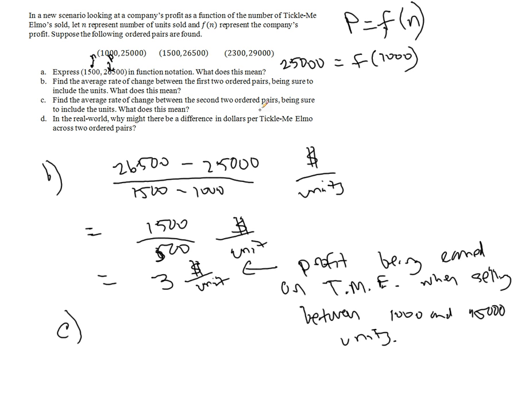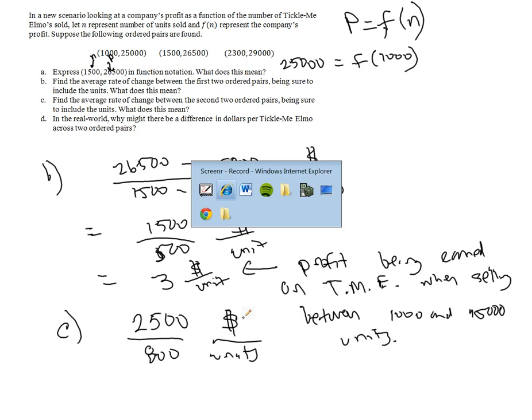In letter C, we want to find the same thing, but with the second set of ordered pairs. So from 26,500 to 29,000, that's a $2,500 difference. And if you don't believe it, you can verify it, and that's in dollars. The difference in units is 800, so 800 more units are sold. That's the increase in the overall profit.